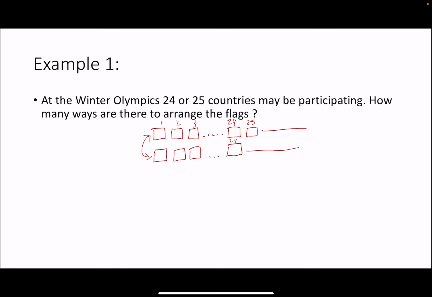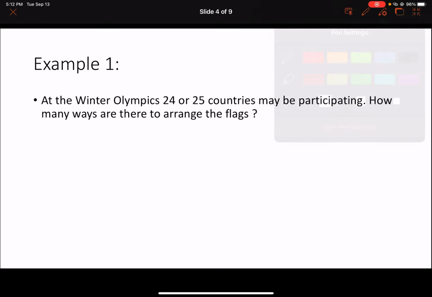So basically what that means is I can add the number of ways to arrange 25 flags and then add the number of ways to arrange 24 flags. Okay, so 24 factorial.